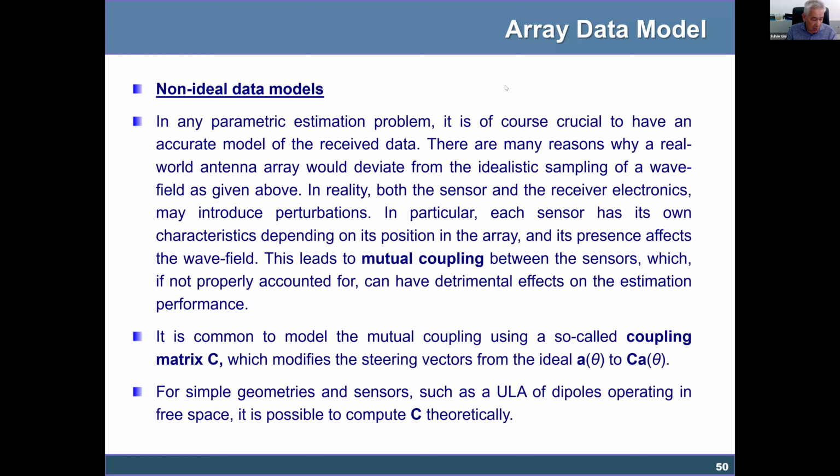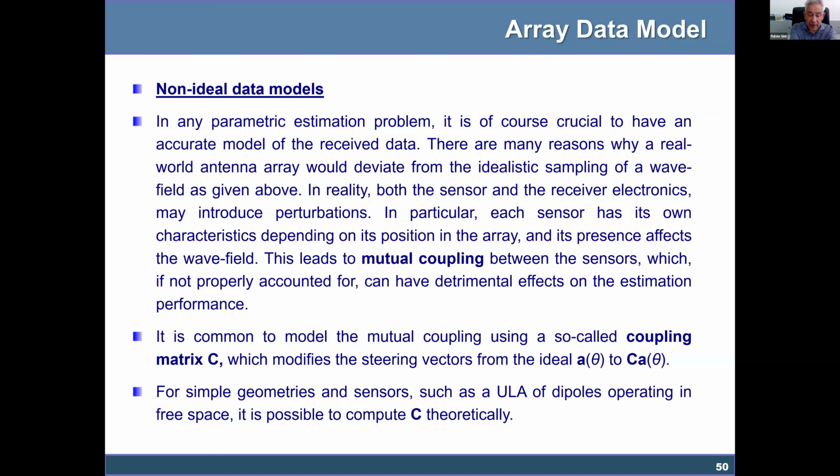Now let me spend some words on how to complicate the model if some of the assumptions that we made are not valid. They are never perfectly valid. But the model that we adopt cannot be too complex, because otherwise it becomes useless.